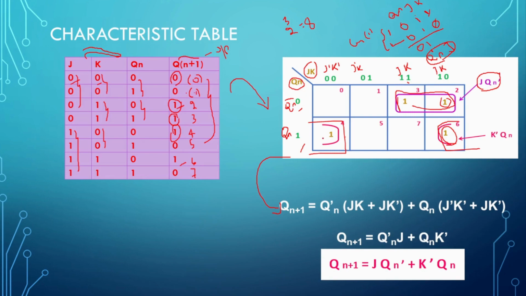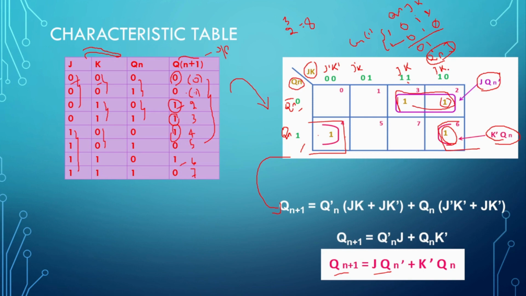Likewise, you need to compare these two ones' values. Afterwards, you will cancel it out, meaning you will find k dash qn. Then you need to write this equation as a sum of products. So qn plus 1 equals j into qn dash plus k dash into qn. Why do we write k dash here?